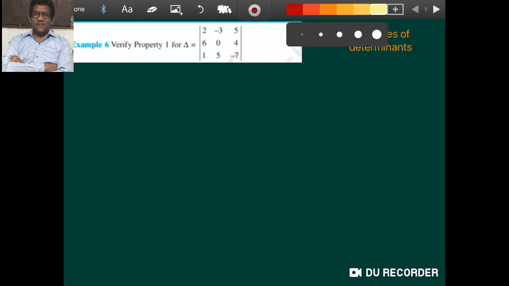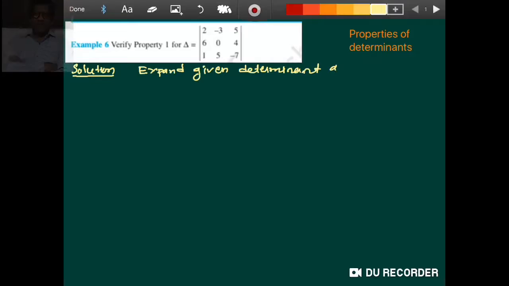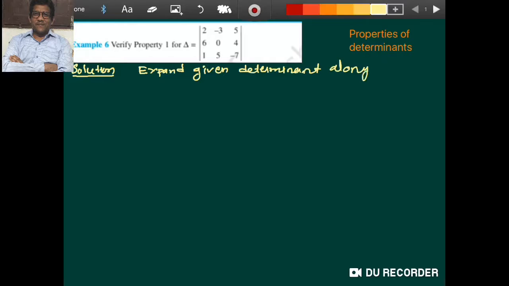Example 6. Verify property 1 of determinant. Expand the given determinant along row 1.